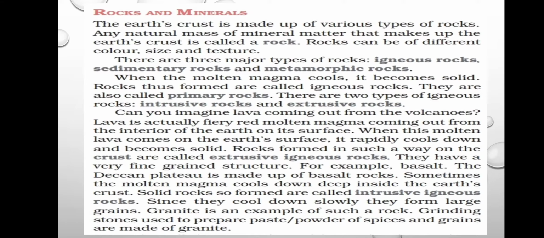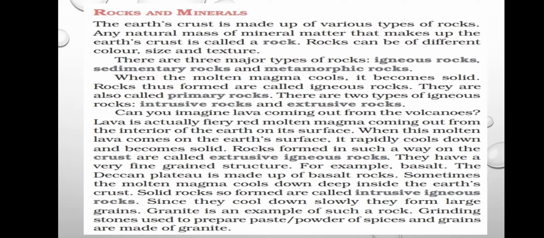Now, what is extrusive igneous rock? Extrusive igneous rocks are igneous rocks formed outside the earth's crust, on the surface of the earth, that we can easily see. When molten magma comes out, it is called lava, and due to the solidification and cooling of lava, extrusive igneous rocks are formed.